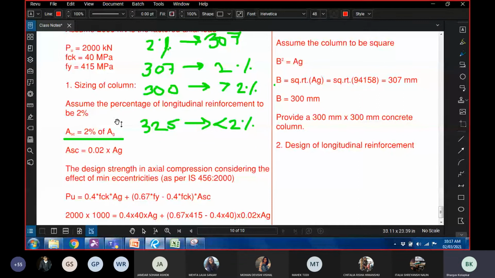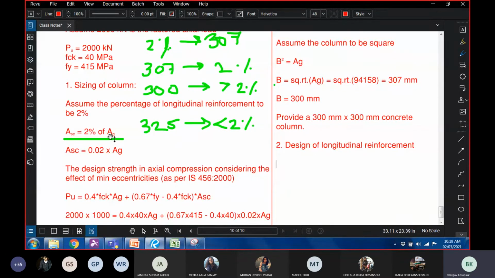If you give this problem to 5 different designers, you can expect 5 different solutions, but all those solutions could be correct. Meaning that we started with the number, say 2%, because I'm comfortable in providing 2% of reinforcement.